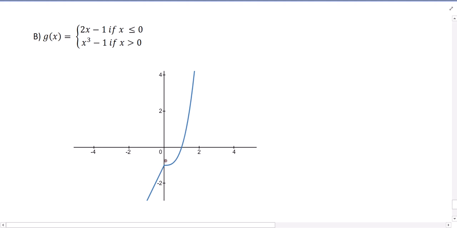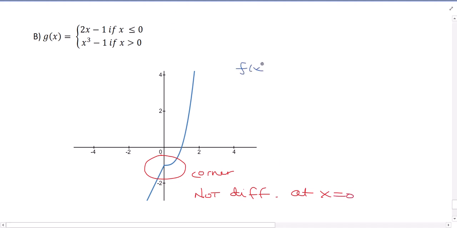We have a little kink in the graph. So we have a little corner there. So therefore it is not differentiable at x equals 0. So we can say it is differentiable on minus infinity to 0, union 0 to infinity. We have a corner there, so we won't have a uniquely defined tangent line.